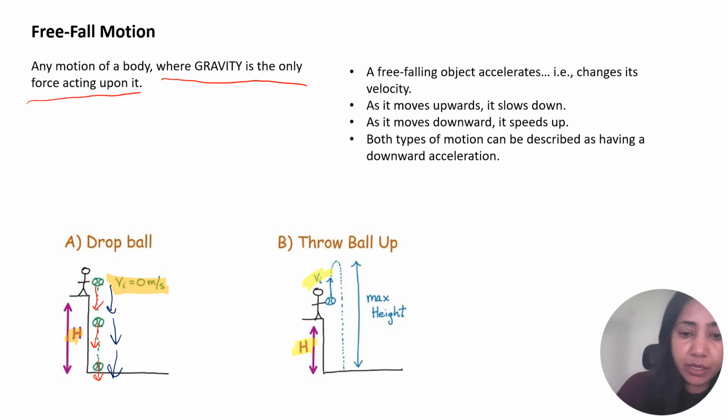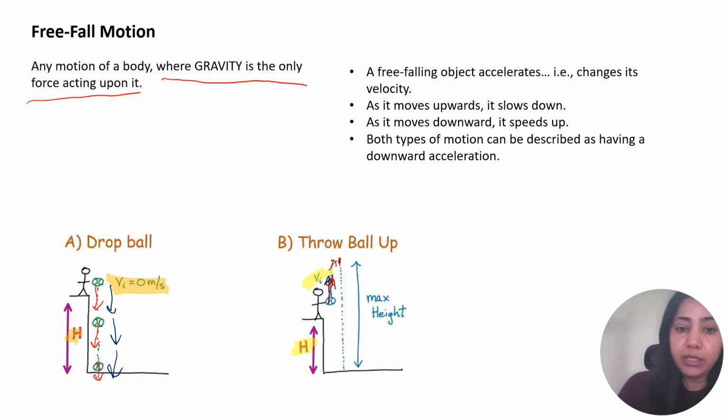So the velocity vector, the moment the ball is thrown up, the velocity magnitude will keep on decreasing, and the upward motion will slow down. This velocity here, with this much magnitude, will decrease, and at the peak, the velocity is going to be 0.